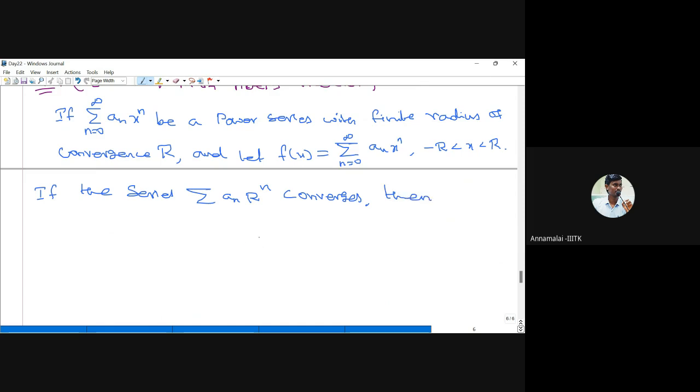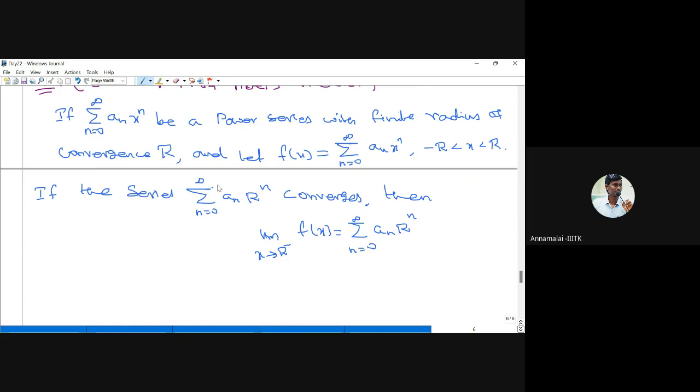the left hand limit, limit x goes to R minus of f of x, is nothing but the summation a_n R power n, where n equals 0 to infinity.